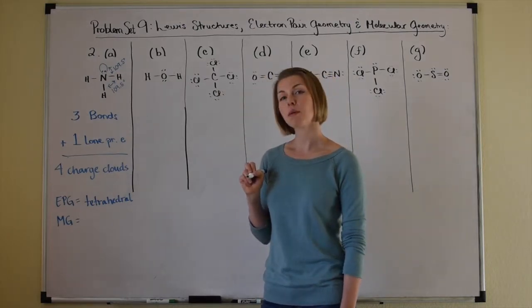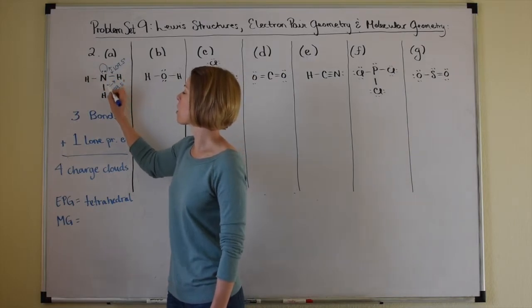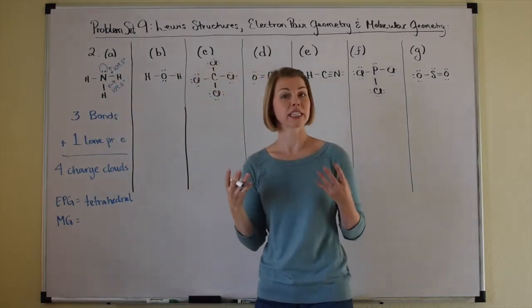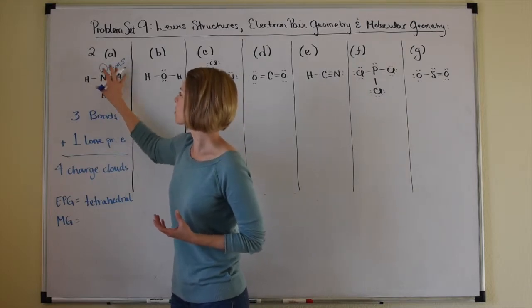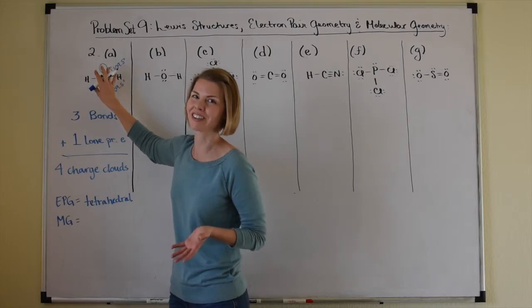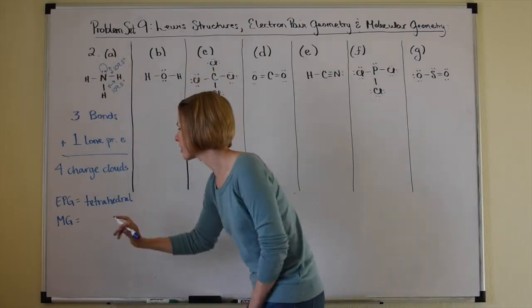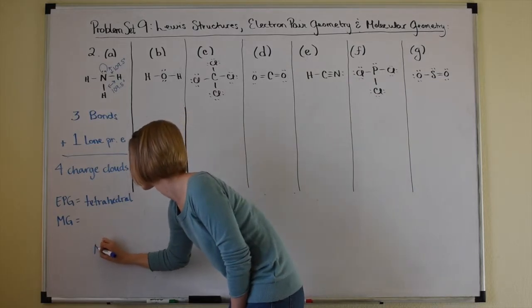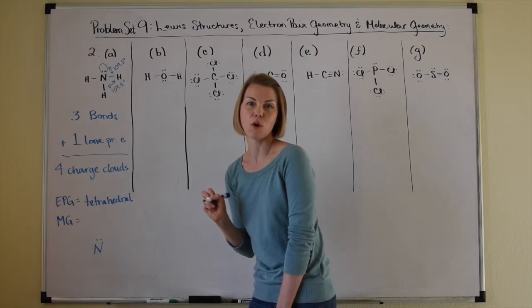The molecular geometry, remember, only looks at the atoms that are bound together and the shape that they take. So let's really think about what this looks like in 3 dimensions. It kind of looks here like we've got 90-degree angles. That's only because it's a 2-dimensional drawing. Let's redraw this so that we can really see what's going on with the shape.